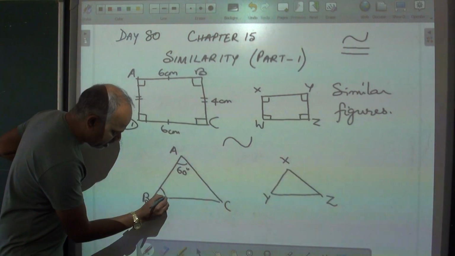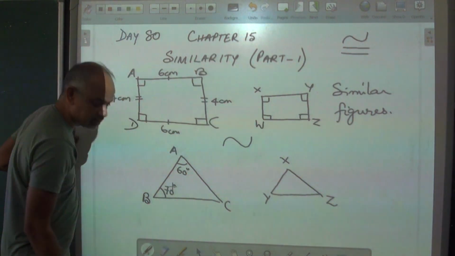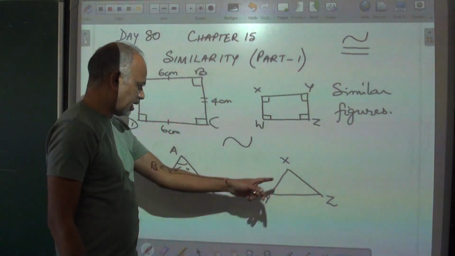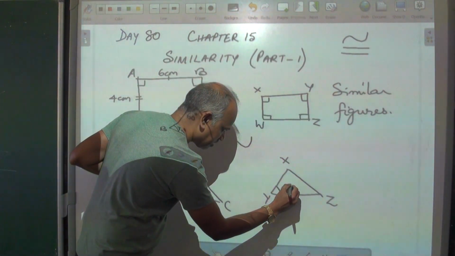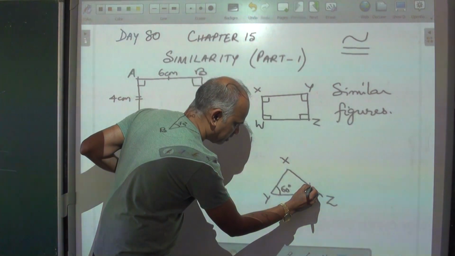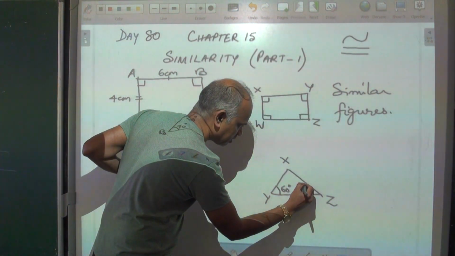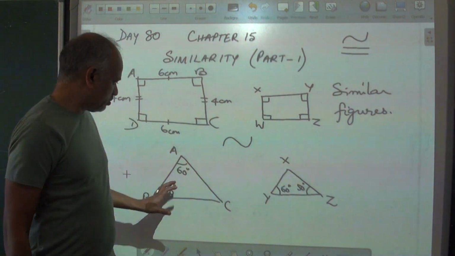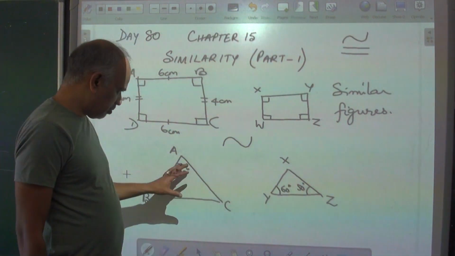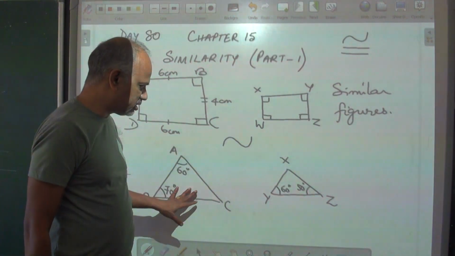And angle B here is 70 degrees. And here, angle Y is 60 degrees. And angle Z is 50 degrees. Two triangles I have drawn. Both are triangles. So shape is okay.